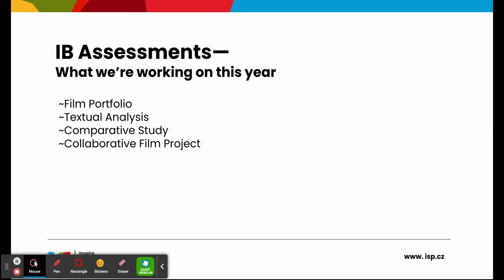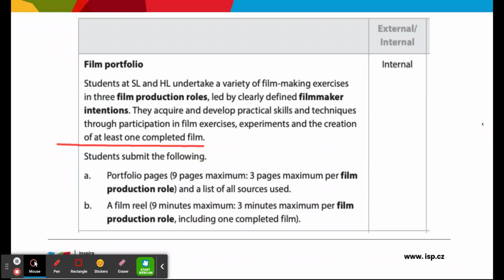The comparative study, we will start within a few weeks. The collaborative film project is a big project, a 7-minute film and a write-up that has been erased because of COVID. So it's just these three that we're working on. Oops, I got to erase my mark.